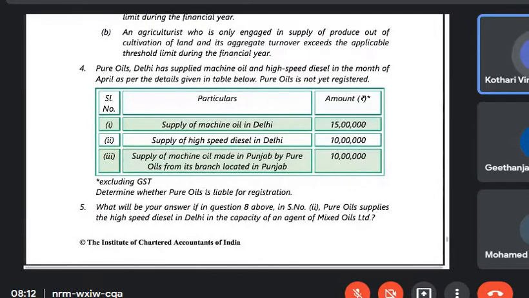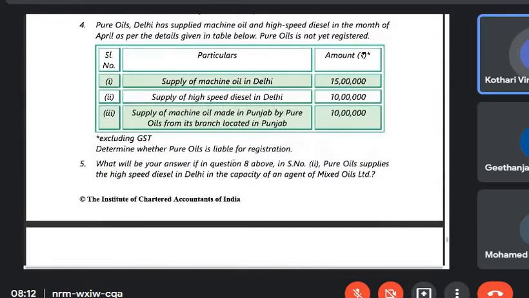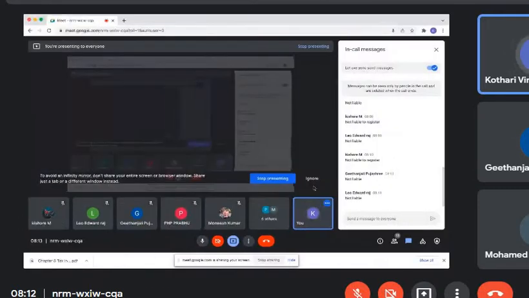Whether your answer is the same in serial number 2: Pure Oil supplies the high-speed diesel in Delhi in the capacity of agent of Mixed Oil Limited, then he has to take the registration. Since he is supplying as an agent, registration needs to be taken by Pure Oil even though the turnover is less than the specified limit.